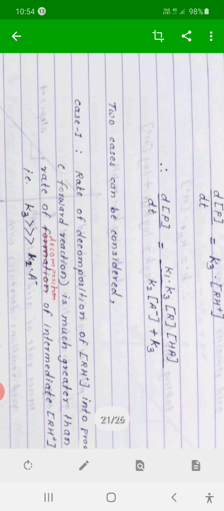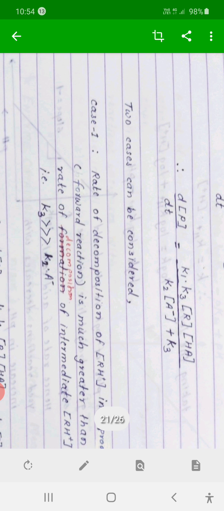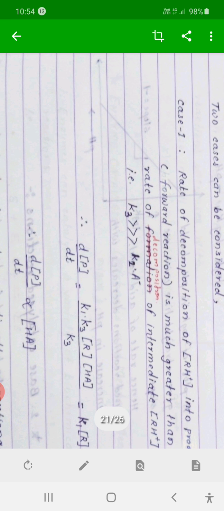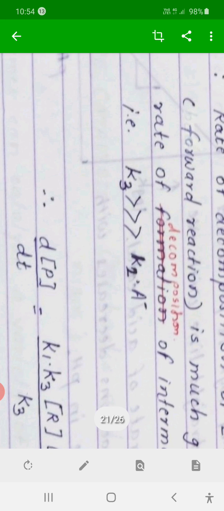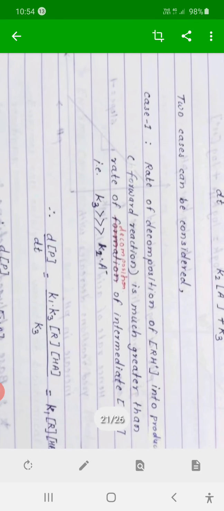Consider here there may be two possibilities. First possibility, that value of K3 is very much greater than value of K2. That is, what is the first case?